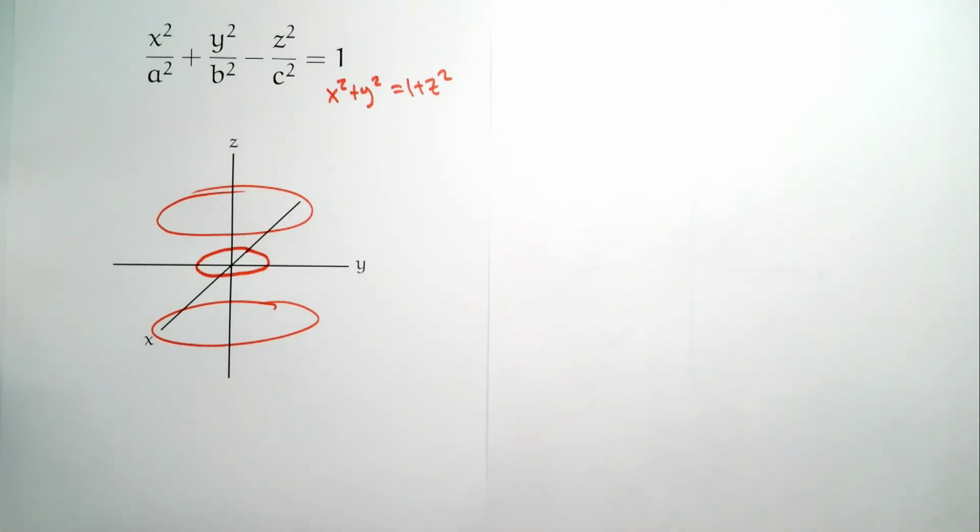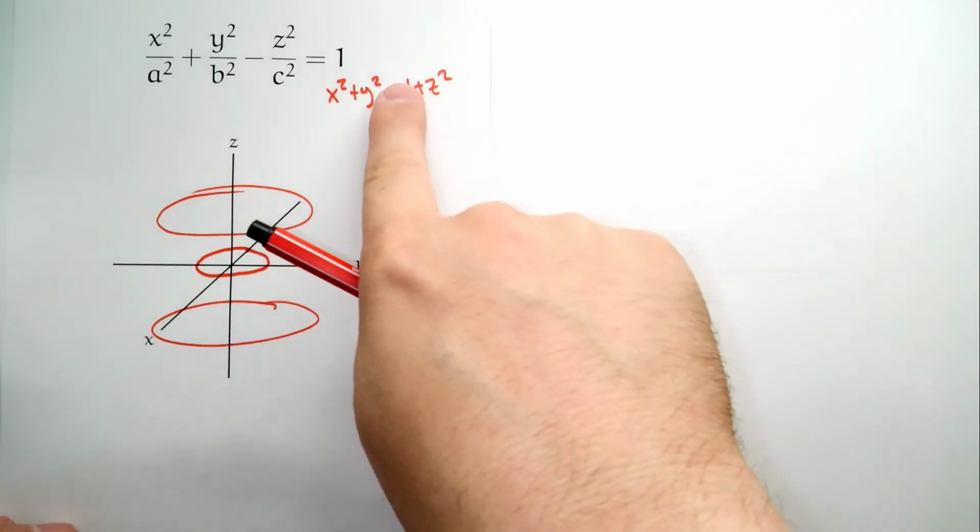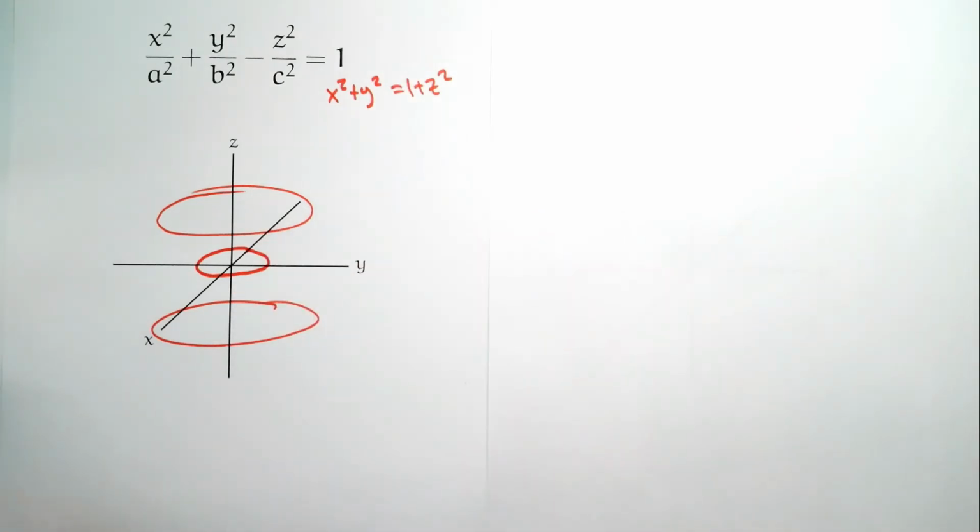Now, it's not x squared plus y squared equals z squared. The 1 in some sense, there's a little bit of a shift. But not too dramatic. Okay, so what do we see in our slices? Well, if we're perpendicular to z, we're going to see ellipses, or circles.